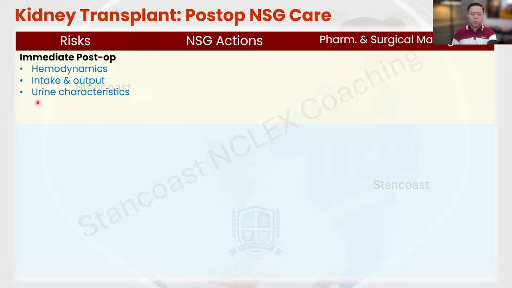And so what we're going to include is checking the intake and output. Most of these patients, or all of these patients, will be coming back to the unit, or the PACU or the recovery room or the ICU. Most of these patients will possibly end up with a urinary catheter, I'm talking about that indwelling catheter. And so we're going to be required to do an hourly I's and O's measurement.